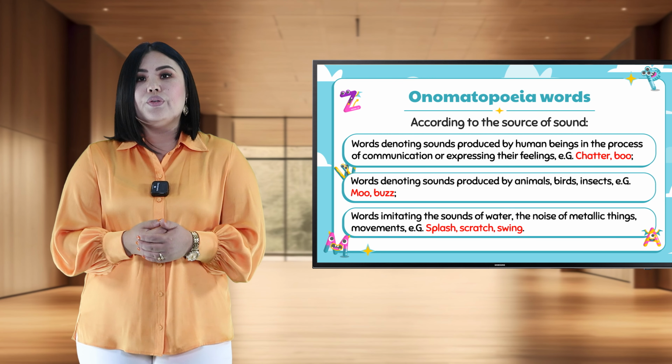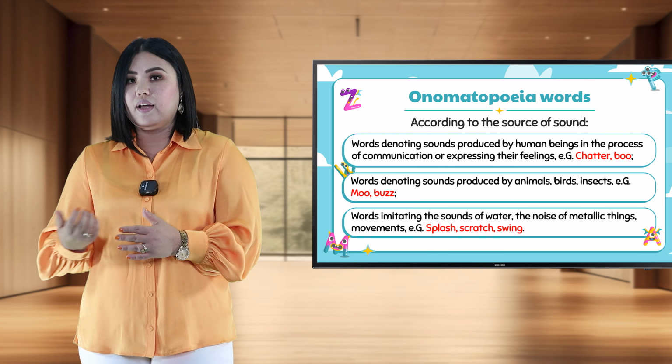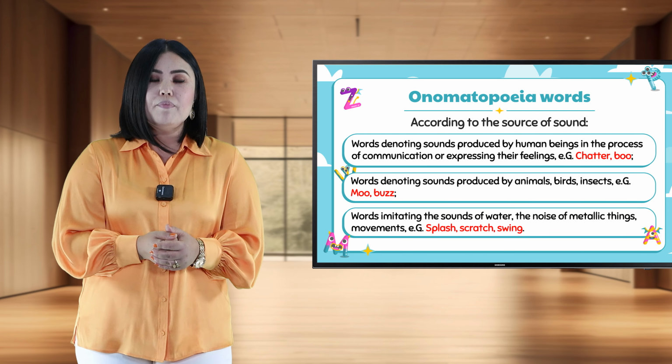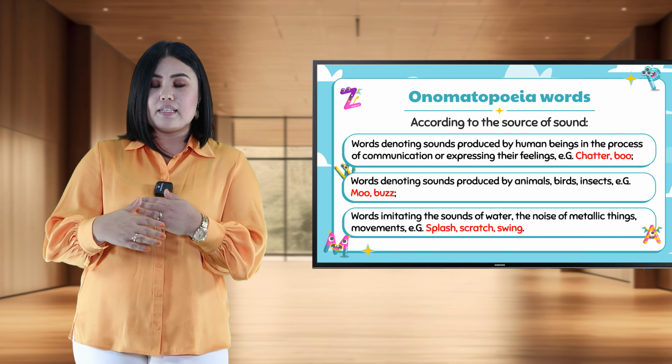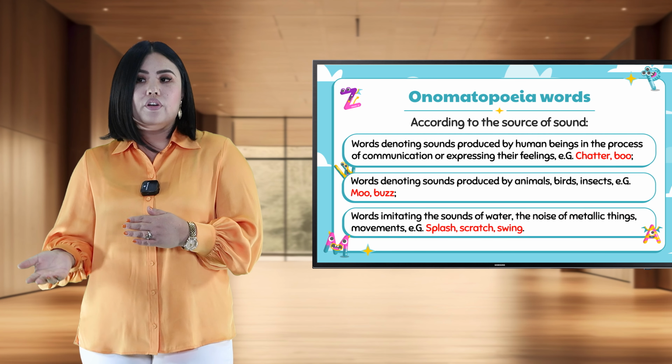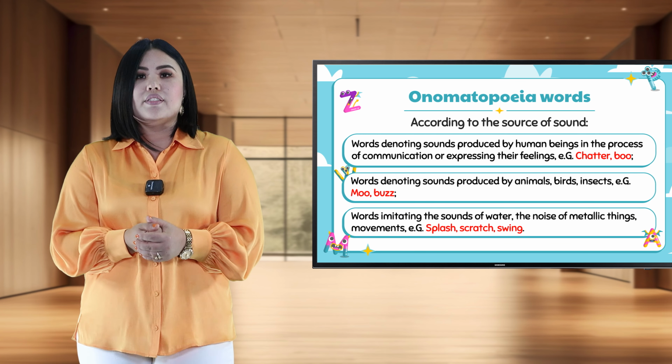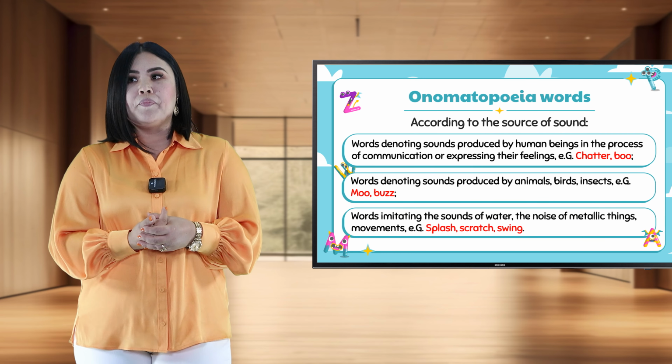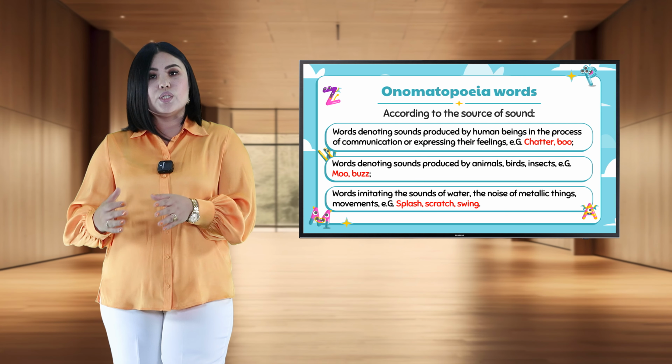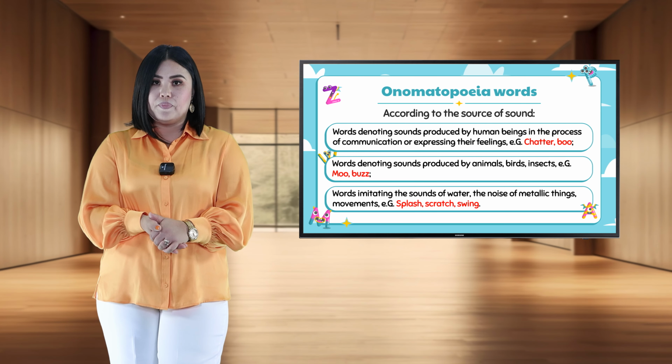Second type, words denoting sounds produced by animals or birds, for example, to buzz, to moo, and so on. And last type, words imitating sounds of water, things, for example, to boom or splash, swing, and so on.